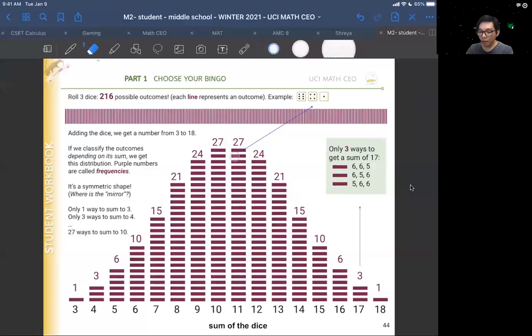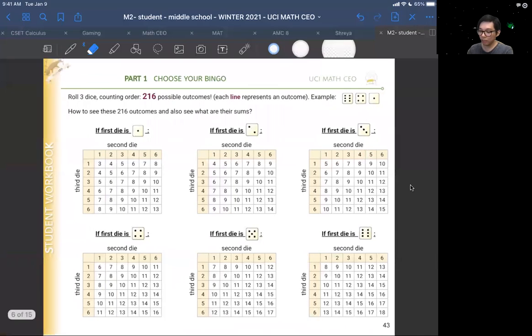And one more thing that I want to mention is this number 216. Just giving out this total number of outcomes is fun, but if you hide it and ask the students how to get the total outcomes of rolling 3 dice, they can come up with some kind of strategy to get that number 216.